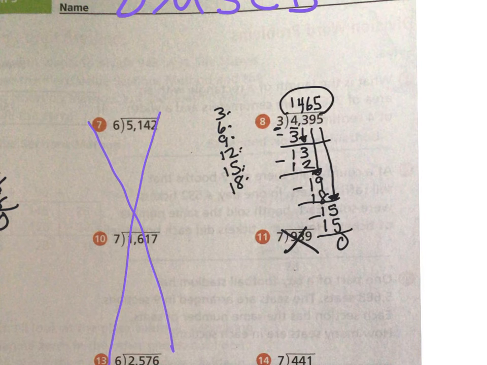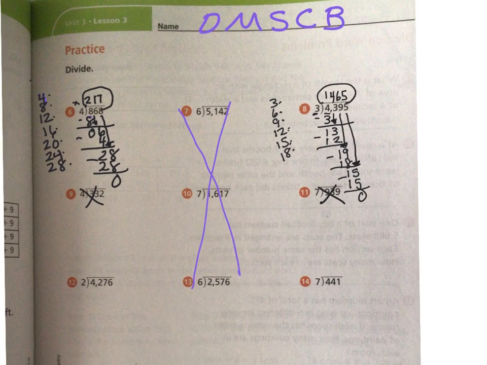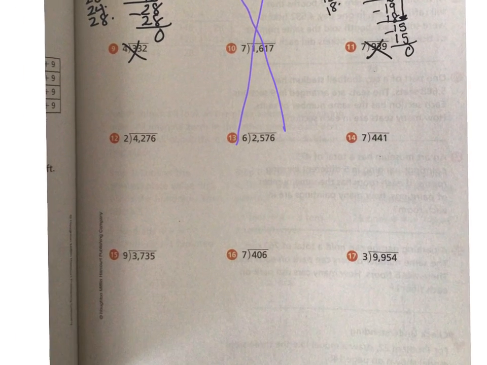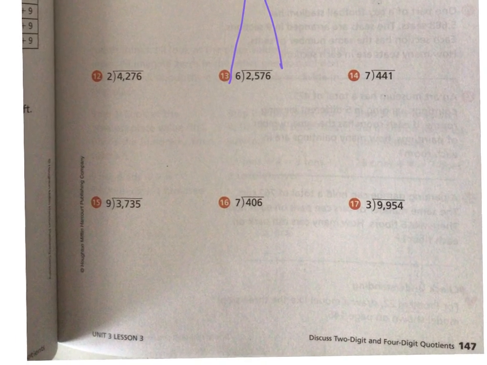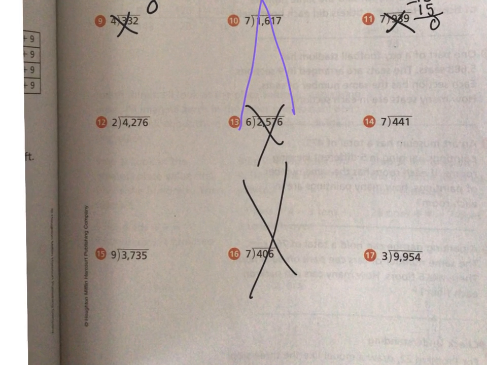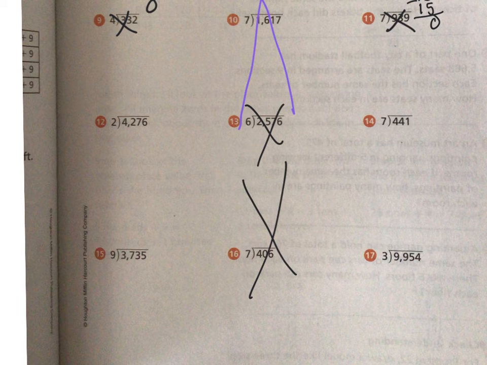How we doing so far, guys? That's a lot of writing, isn't it? All right, so we have done number 6 and number 8, okay? We are gonna move down our paper a little bit here, across this middle section, continue, we're not doing these middle ones. All right, and then here's what we're gonna do, guys.